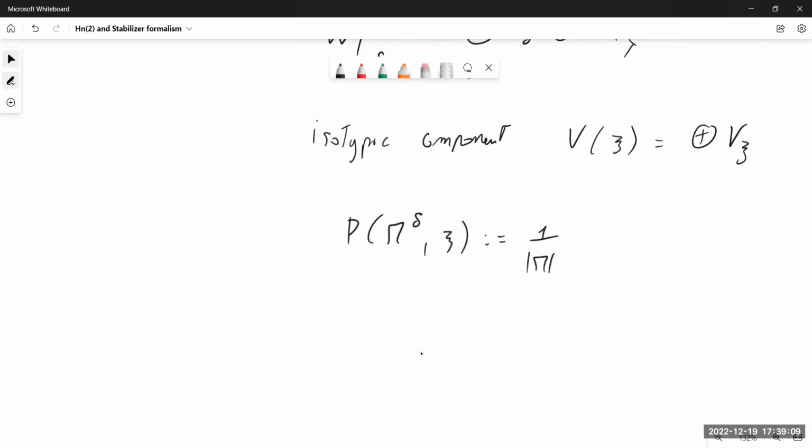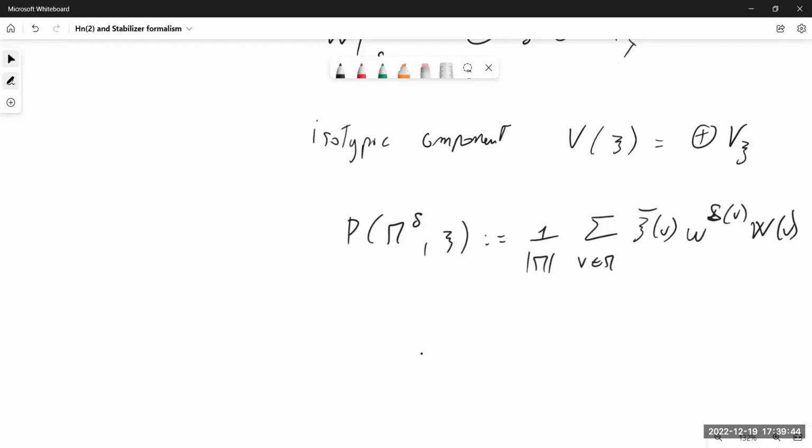You have a normalization factor given by the order of the group, and now we take the sum over all elements in the group, and then you take psi v bar. Then there is the prefactor given by this general thing for the even case, and then there is the representation.